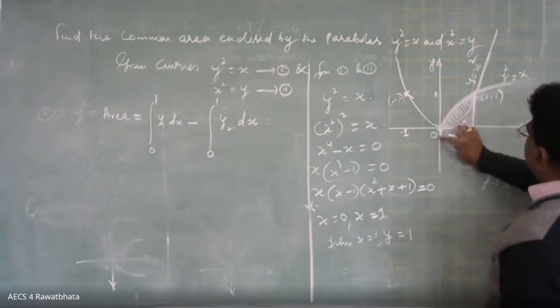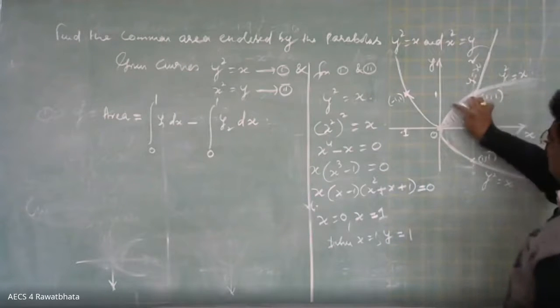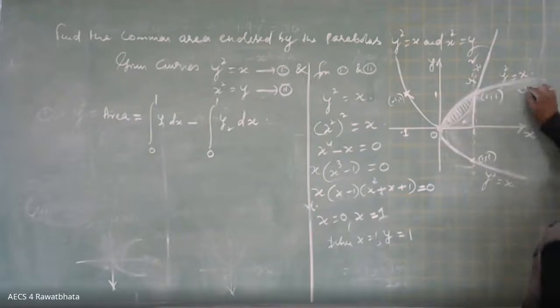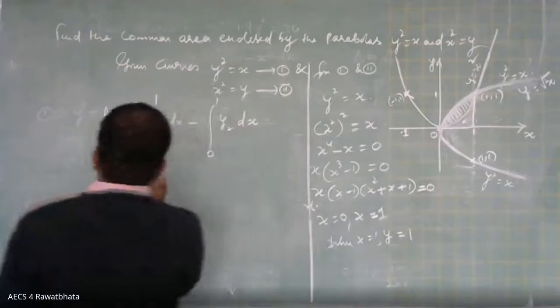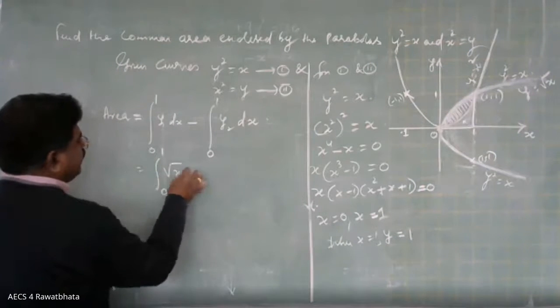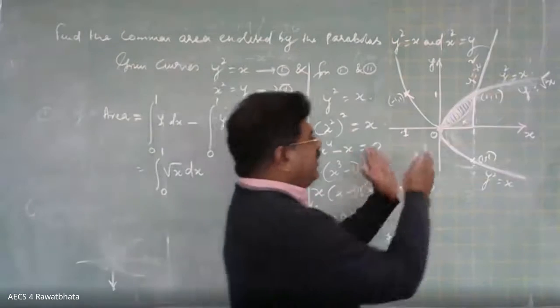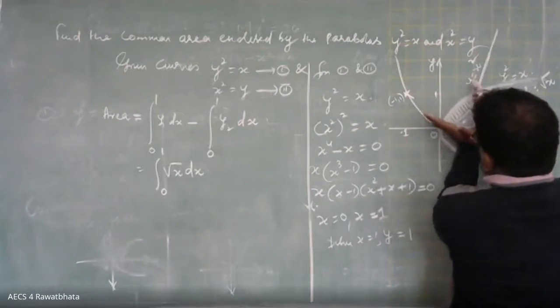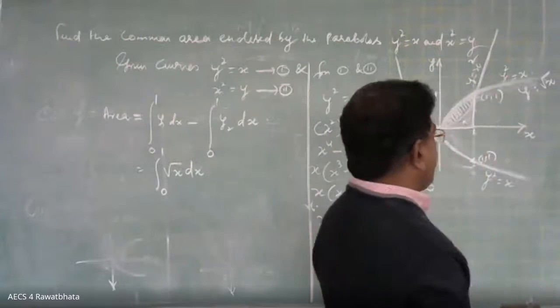Area bounded by the curve y squared is equal to x. Y squared is equal to x means y is equal to root of x. That is 0 to 1 root of x dx. That gives the sector, but we are not in need of that one. Only the common region we want.